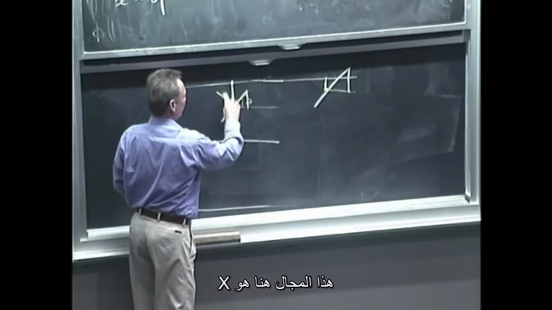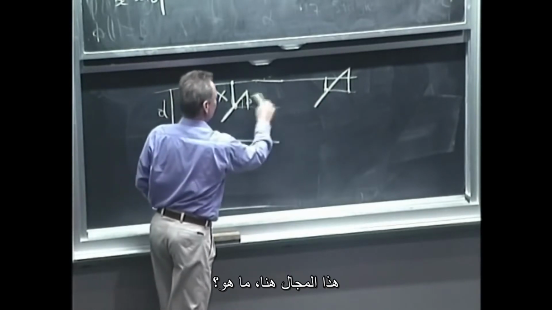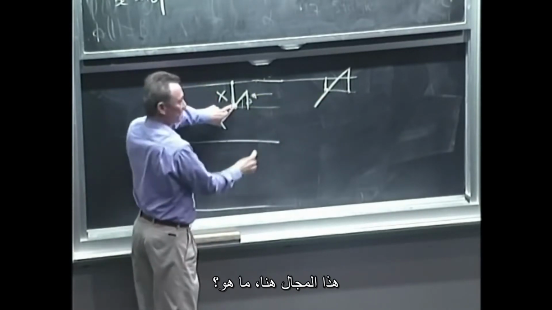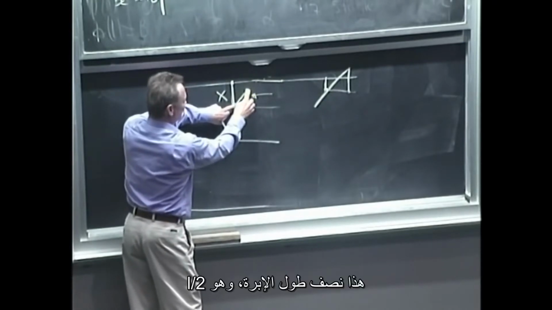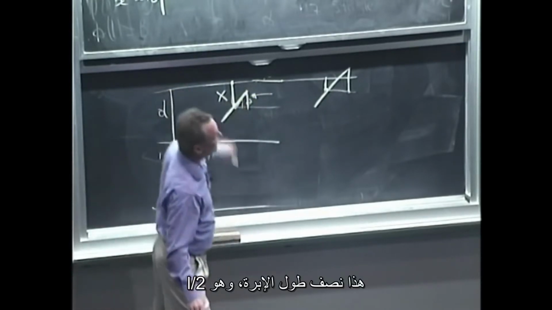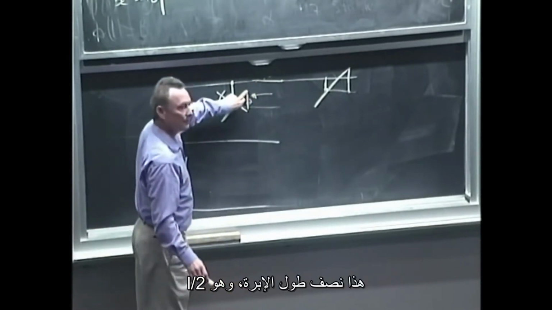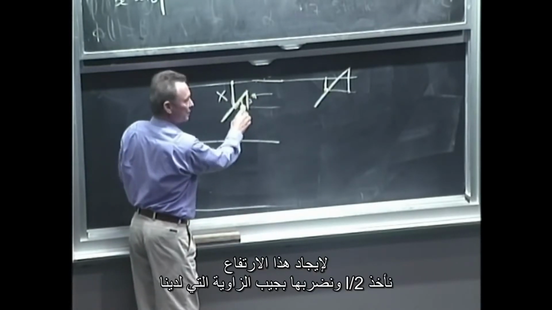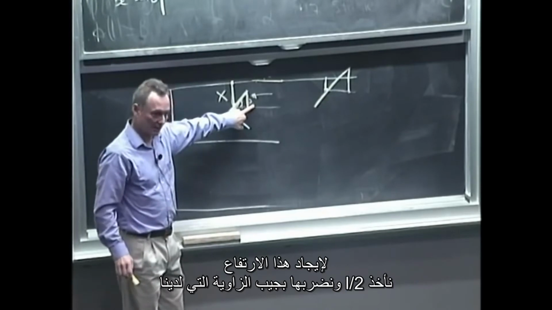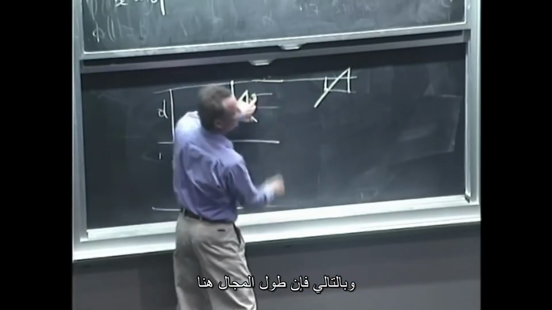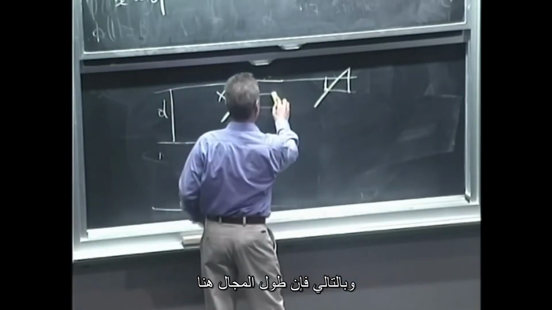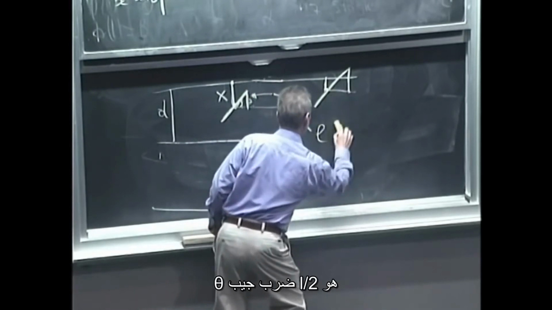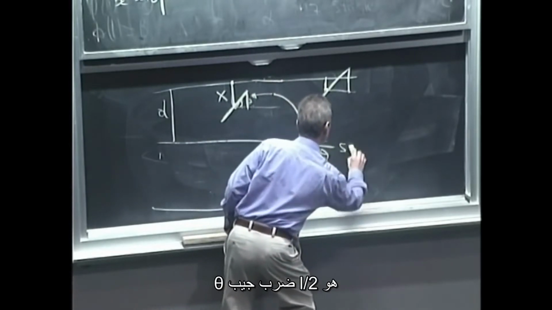This interval here is capital X. This interval here, what is it? This is half of the length of the needle, which is L over 2. To find this height, we take L over 2 and multiply it with the sine of the angle that we have. So the length of this interval up here is L over 2 times sine theta.